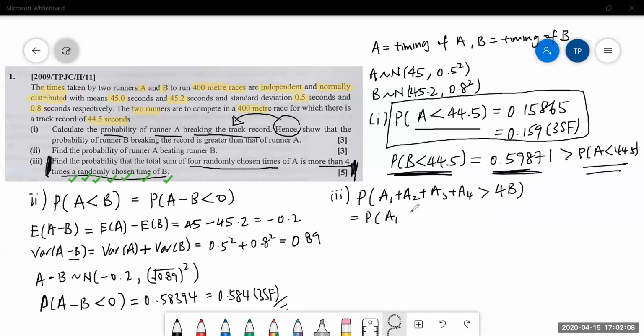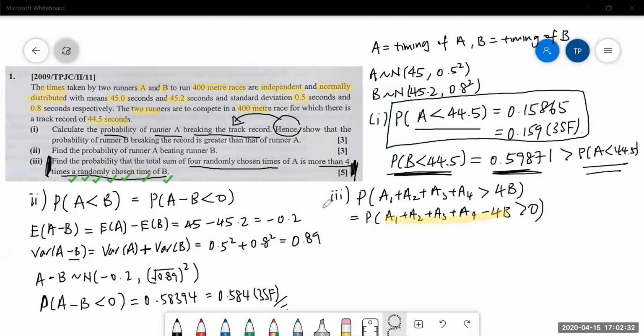I have A1 plus A2 plus A3 plus A4 minus 4B, which is greater than 0. Now I have a new random variable, which is this.